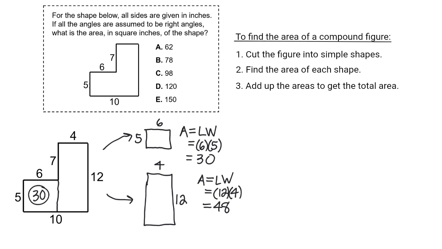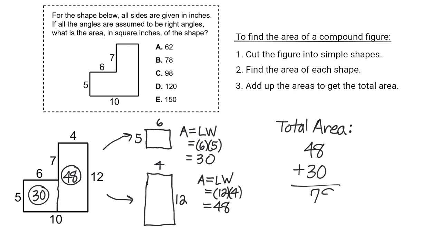So the area of that figure is 48. Combining the areas, you're going to end up with 48 plus 30, which is going to give you 78 square inches, since it's area. The answer is B.